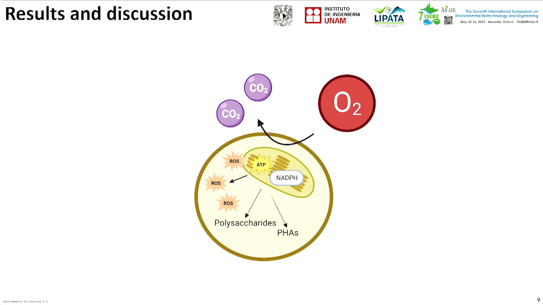Basically, under this excessive oxygenation, the cell uses most of its reducing agents and energy to reduce the amount of reactive oxygen species instead of using all of this to produce PHAs.